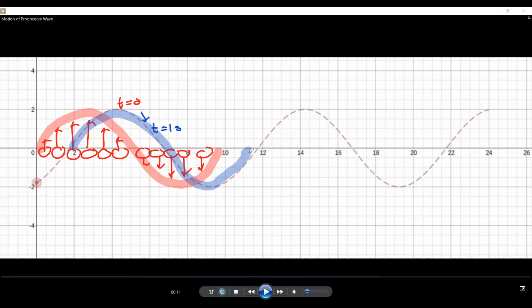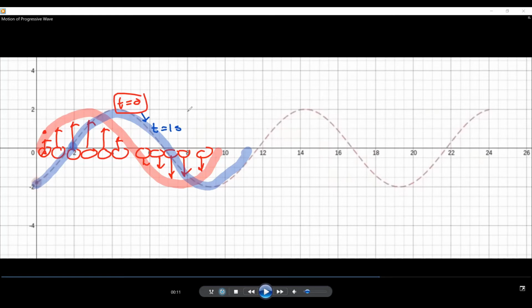All right, this is now the new wave profile. So it's from here that you can start to deduce the subsequent direction of your particles. Maybe I extend this thing a little. Previously, if I just look at particle A, when t was 0, it was here.